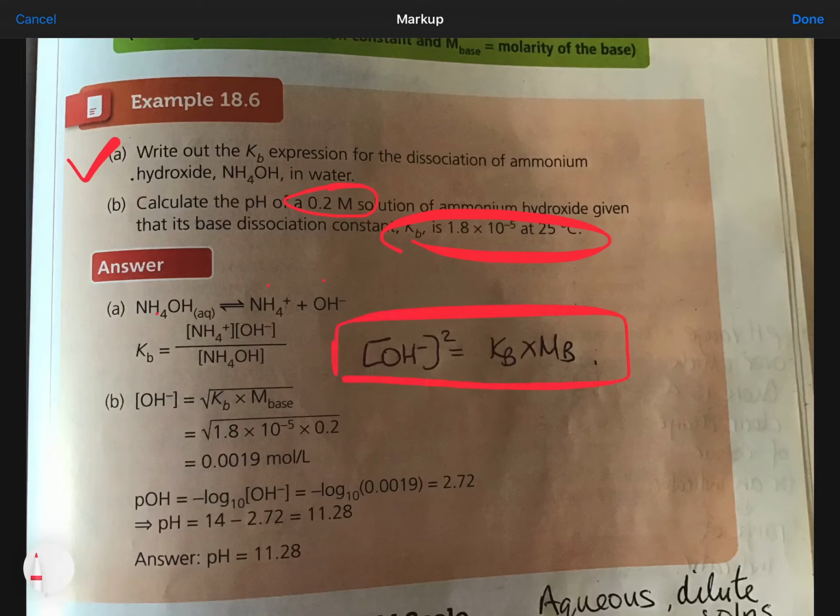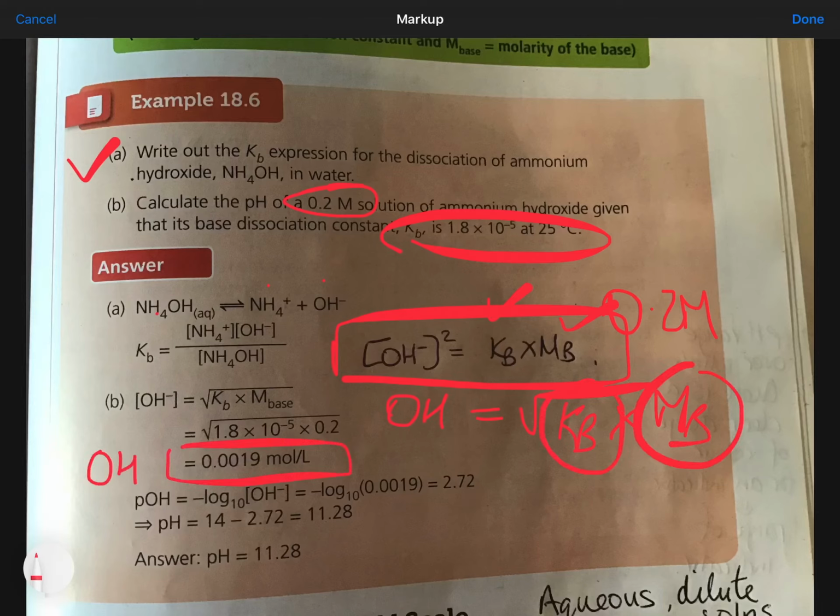Look, similar equation for weak base, but it's OH minus ion concentration squared equals Kb times Mb. You're told the Mb is 0.2, and yes, it is giving you the Kb. So you are just going to calculate the OH minus ion concentration by getting the square root of both sides. So you're filling in here, you have the Mb, you have the Kb.